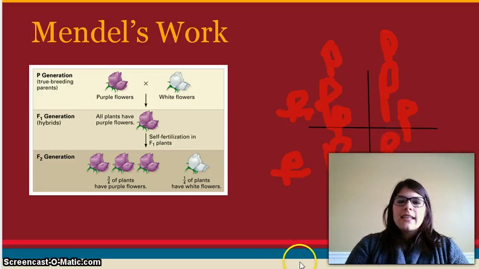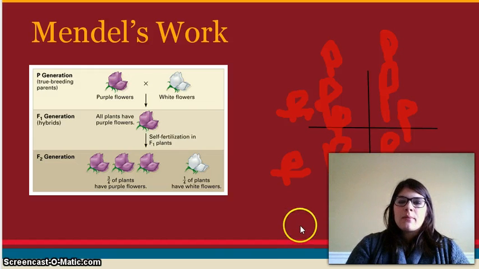So as you can see, all of these possibilities are only capital P, lower p. So when you cross a true breeding dominant or homozygous dominant with a homozygous recessive, you will get a hybrid, which is a capital P, lower p.